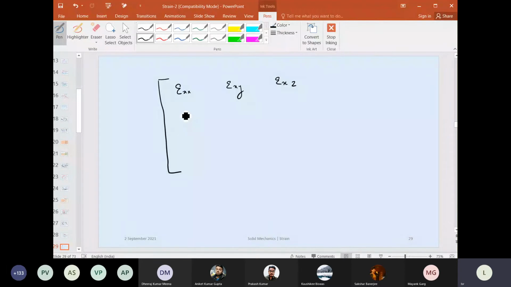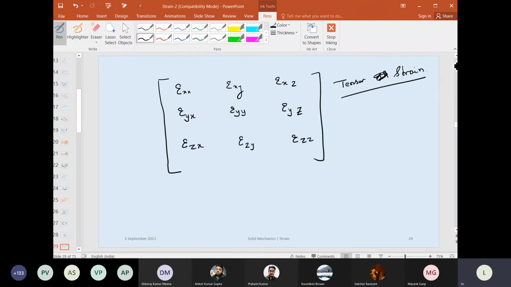Then epsilon yx, epsilon yy, epsilon yz, and epsilon zx, epsilon zy, and epsilon zz. This is the tensor strain.